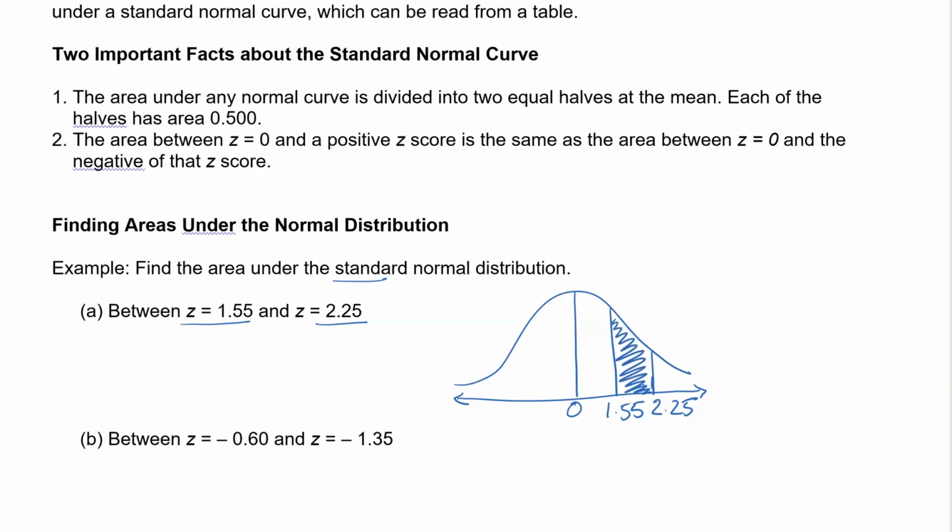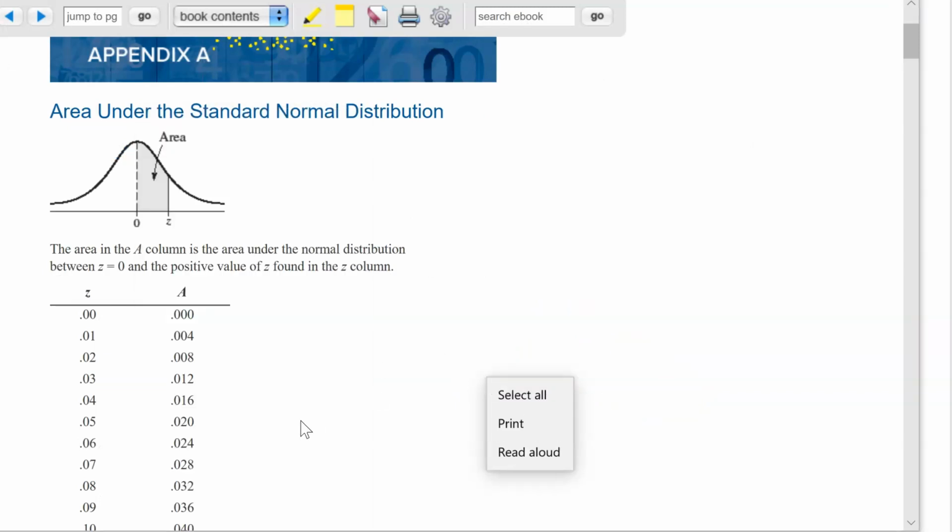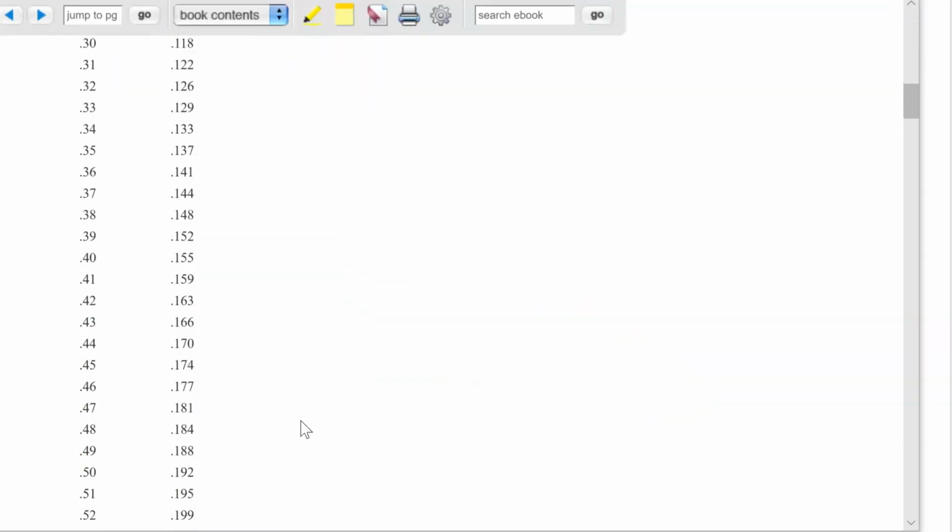Now I'm going to use the table. I've got a z-score and the table gives me an area. I've got two z-scores, 1.55 and 2.25, so I'm going to look up those numbers first and then draw the picture. Let me pull up the table and go to 1.55.